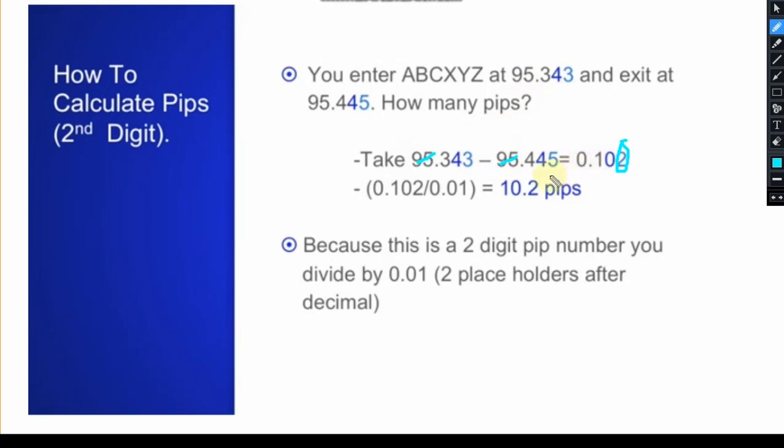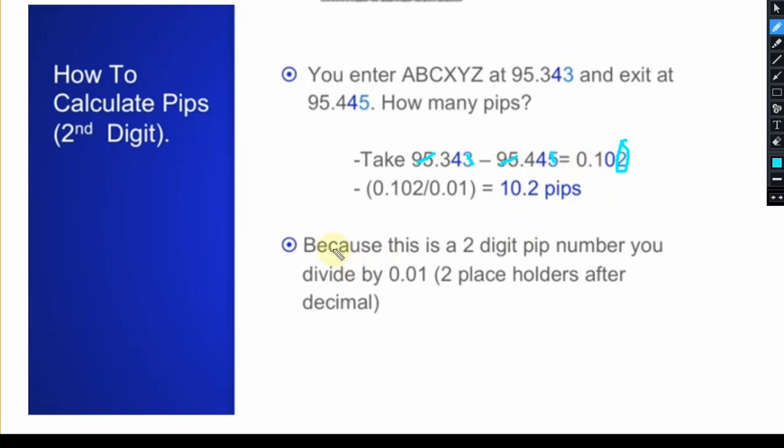So we are now looking at the 445 and the 343. A good mathematician will understand that 5 minus 3 will give you the 2, that is a pipette here. Then 34 minus 44 is 10.